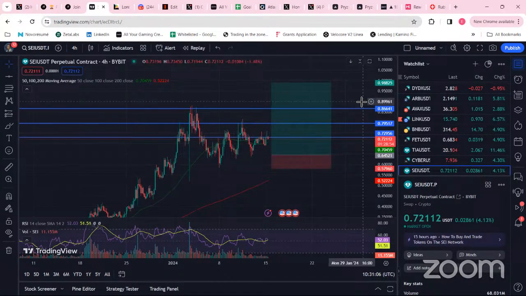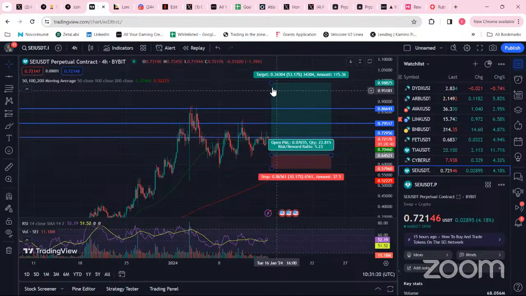Obviously my TP is not at $1. My TP is at 0.98, because of the way traders always think. You don't really ever want to set your profits at $1 on the dot, because before it gets to $1, a lot of people are expecting it and would want to take profits at $1 or before.